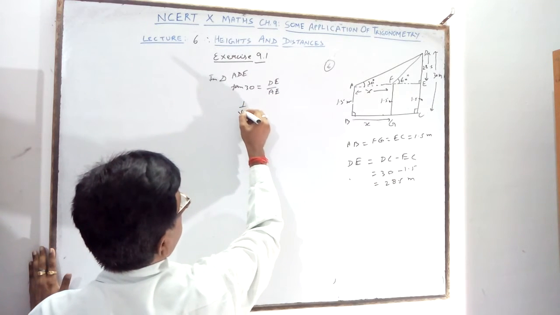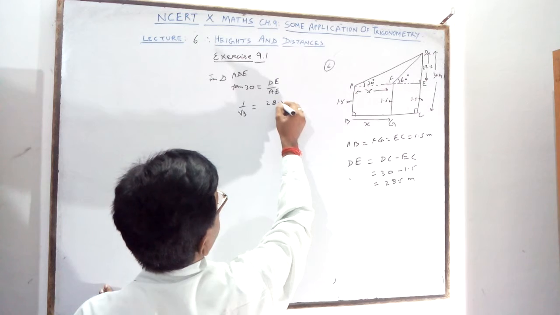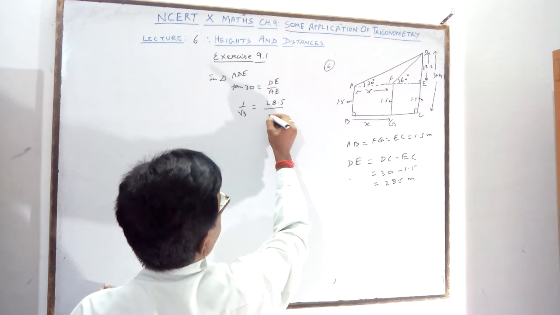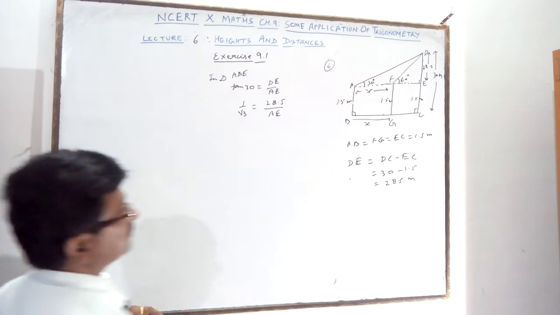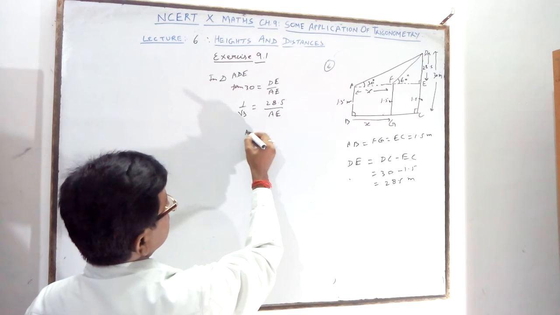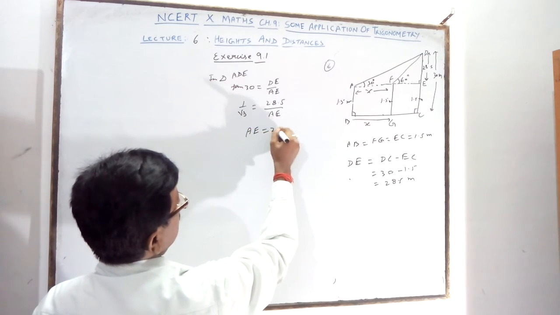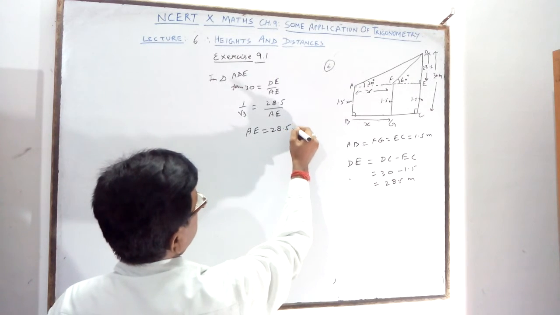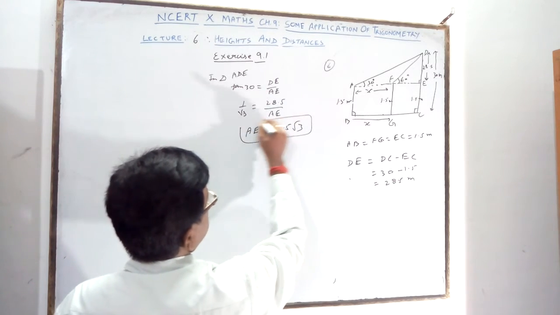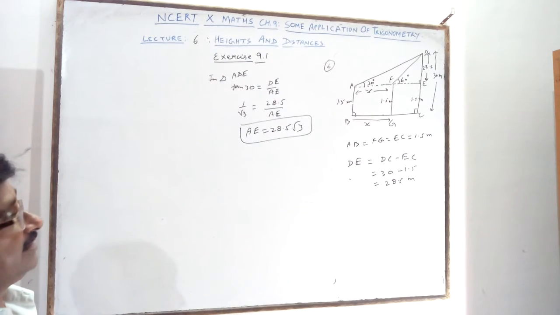Tan 30 is 1 by root 3, equal to 28.5 upon AE. Cross multiply, AE is equal to 28.5 root 3. This is the distance of the first point from the building.